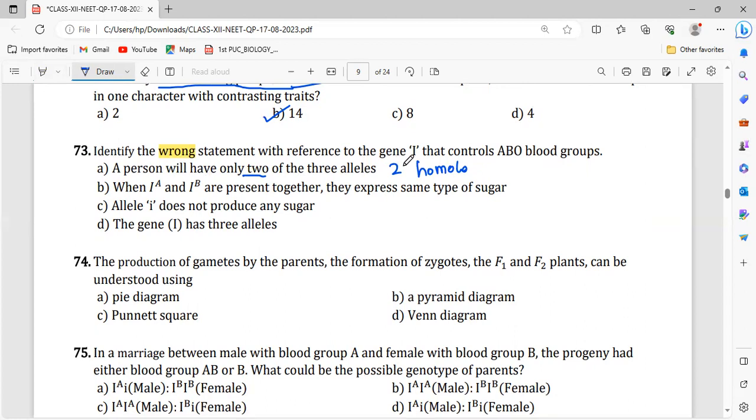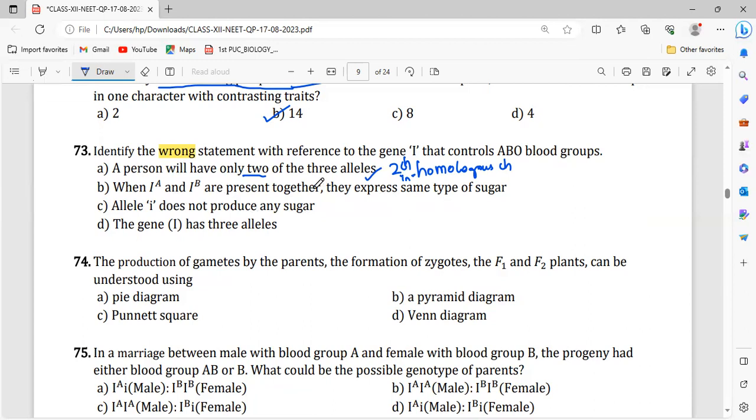That means each chromosome can contain only one allele. So two chromosomes are there in a homologous pair, which means only two alleles are possible. So this statement is correct.